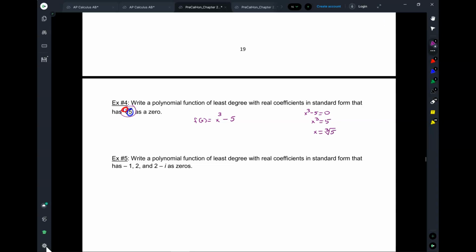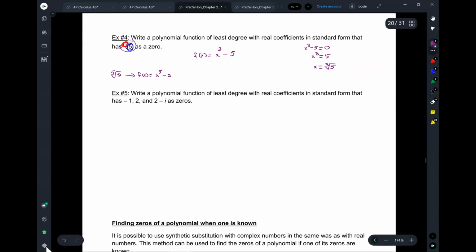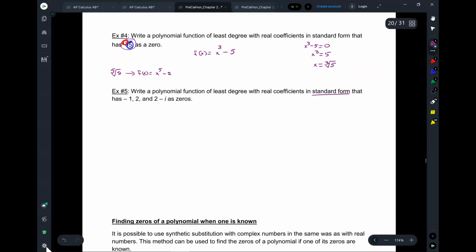Okay, so yes. All right, so for example, if you wanted the 0 to be the 5th root of 2, then we would say f of x is equal to x to the 5 minus 2. Okay? All right.